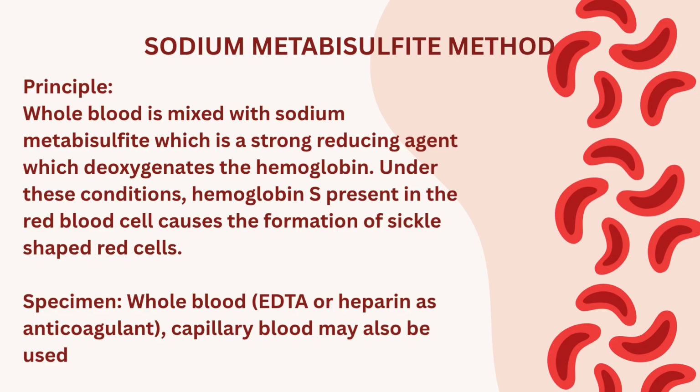Under these conditions, hemoglobin S present in the red blood cell causes the formation of sickle-shaped red cells. The specimen to be used is whole blood, anticoagulated either by EDTA or heparin. Capillary blood may also be used.